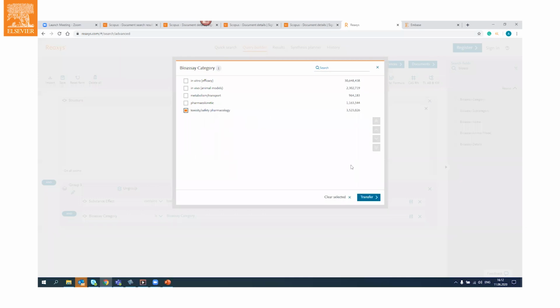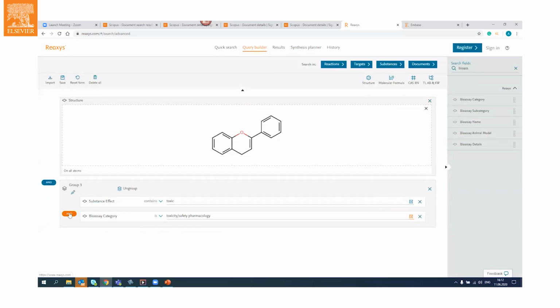Let's select toxicity on safety pharmacology. So here we put or, here we put and, because we want all of them to contain this chemophore, and this would be the toxicity and safety data. And let's go to the substances.